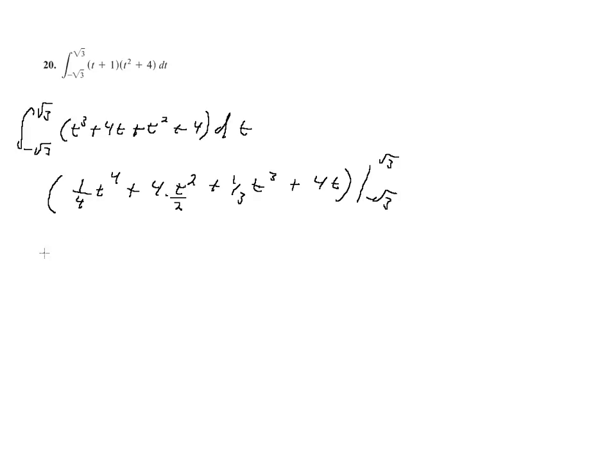Let's see if we can clean this up a little bit before we evaluate. So we have 1/4 times t to the 4th. 4 over 2 is plus 2t squared plus 1/3 t cubed plus 4t. Really didn't do too much for us. So negative root 3 to positive root 3.